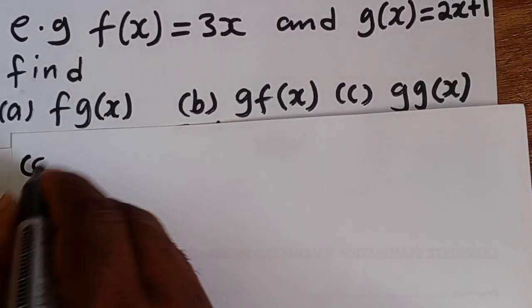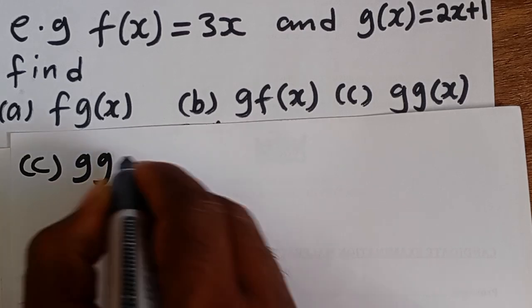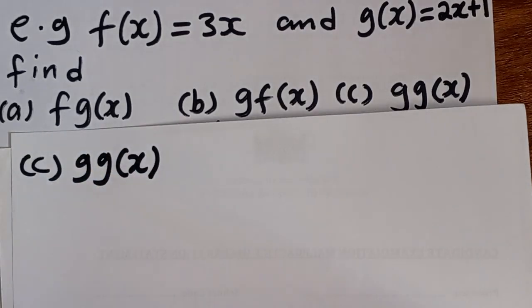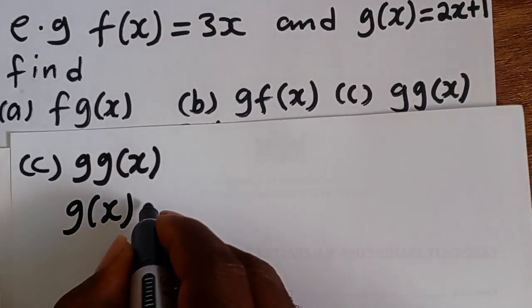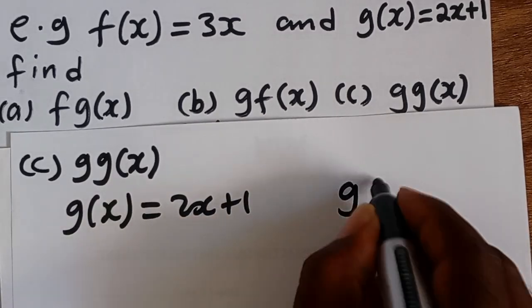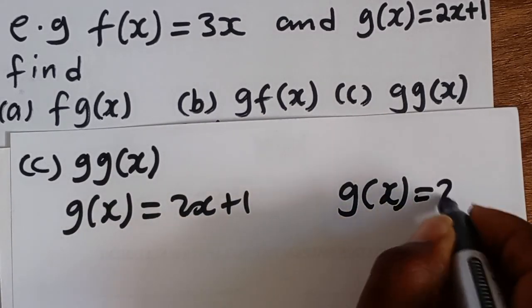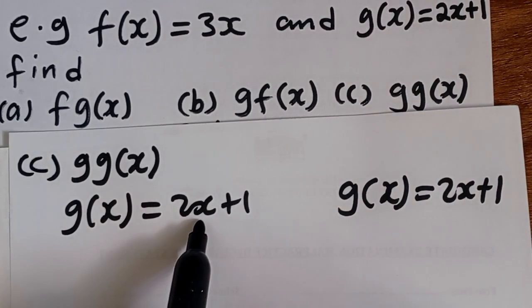So part C, find gg of x. So we have g of x as 2x plus 1. So what does this mean? This means that g will go into g.